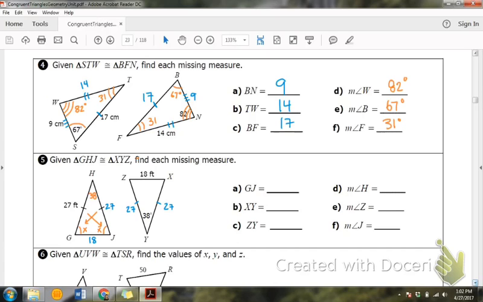Okay, so we know that if we add these two x's together plus 38 and equal it to 180, what do we get? 71 for each of them, which means z and x are also 71.